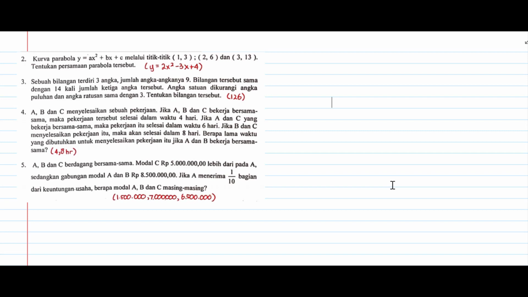Okay, I will explain this to you in bahasa, because it's a bit difficult. Sebuah bilangan terdiri dari 3 angka, berarti x, y, dan z, ratusan. Yang harus kamu ingat di soal seperti ini adalah digits. The digits are x, y, and z.